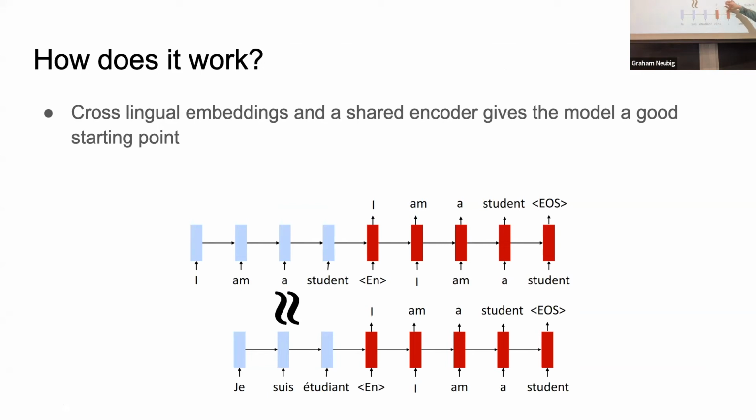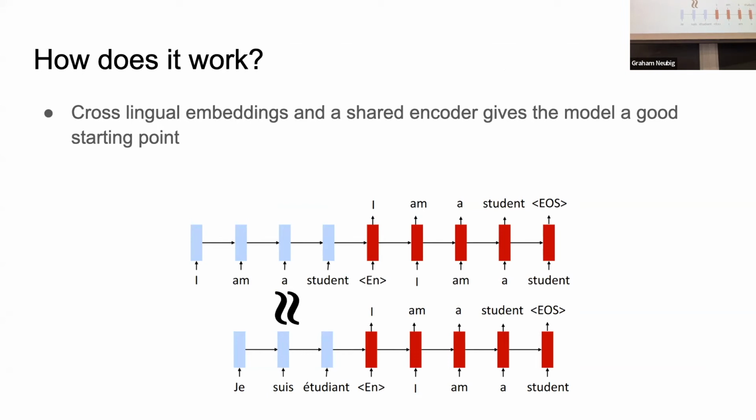What's the objective function? Basically, there are two ways that you can do this. The first way is just using autoencoding or denoising autoencoding objectives.